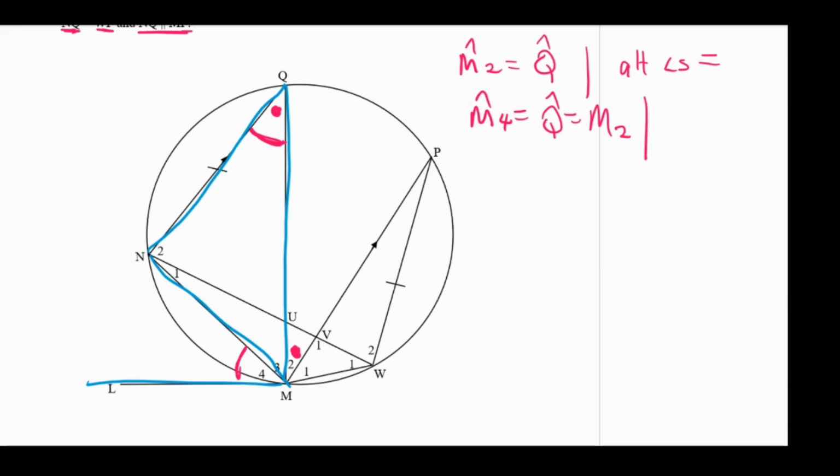The reason for this is the tan chord theorem. So now we've proven that M4 is equal to Q, which is equal to M2, right? So they are all equal.